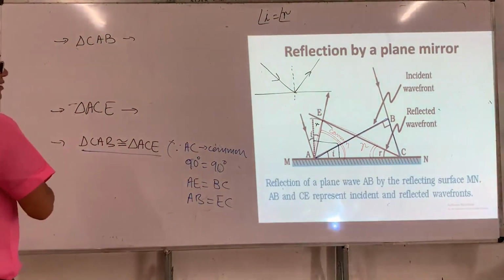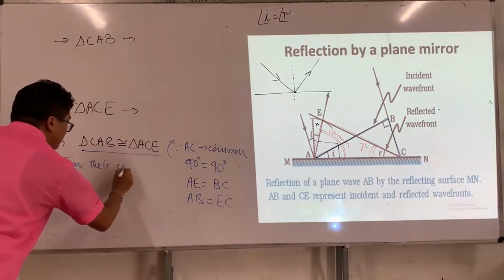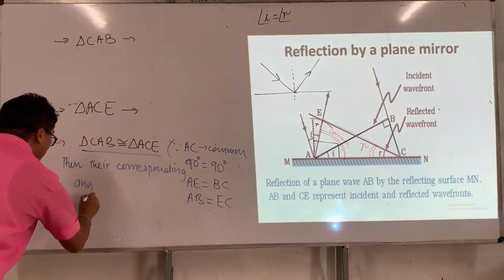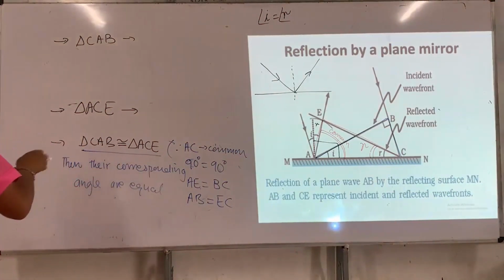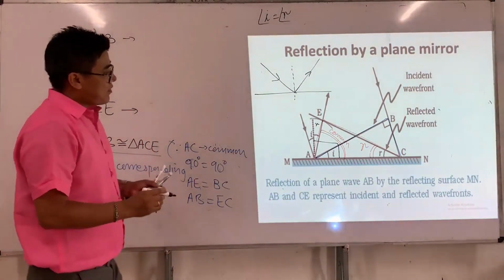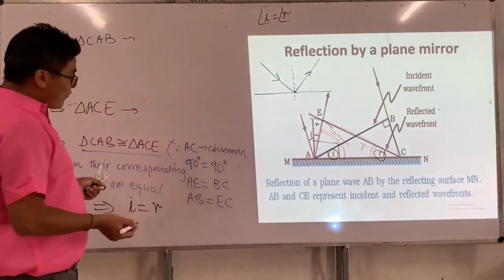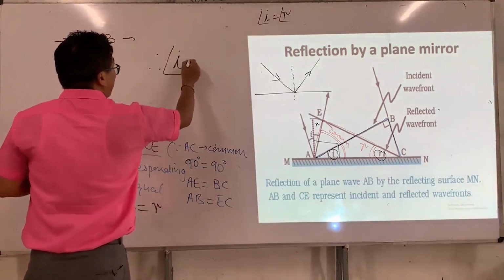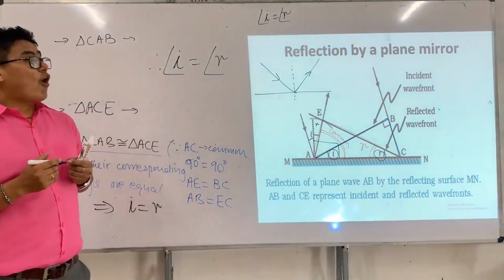If these two are congruent triangles, then their corresponding angles are equal, which implies angle I is equal to angle R. What is the corresponding angle of angle I? This is the corresponding angle of angle R. Therefore we say that the angle of incidence I is equal to the angle of reflection R, which proves the law of reflection.